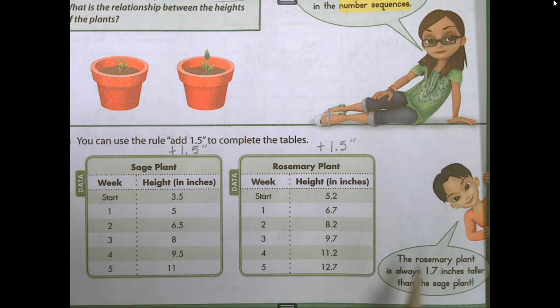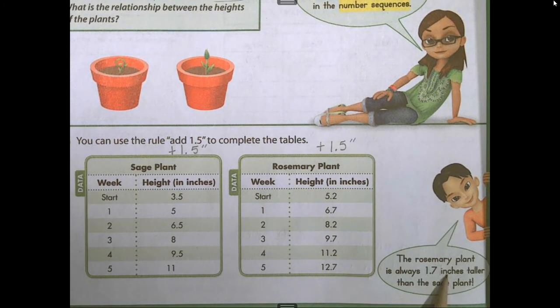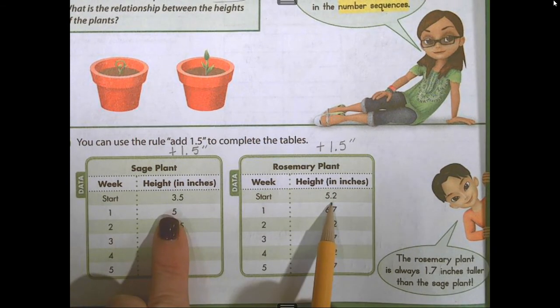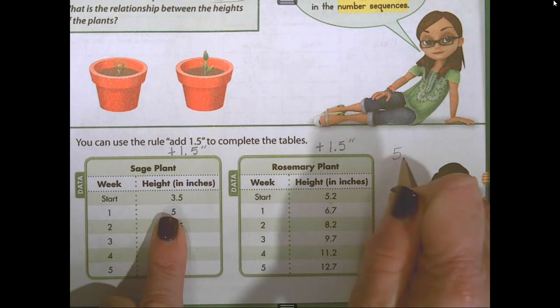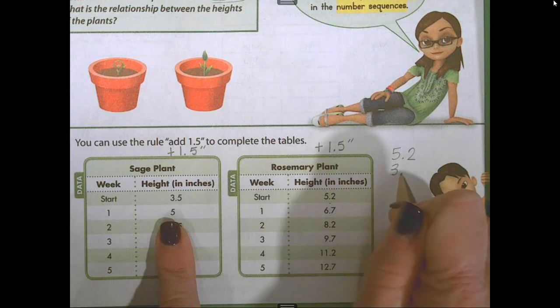All right. And the question was, what is the relationship between the heights of the plants? And what we noticed is if we subtract, the rosemary plant is always going to be 1 7/10 inches taller than the sage. And we know that because we can take their beginning heights. The rosemary starts at 5 2/10, the sage starts at 3 5/10.